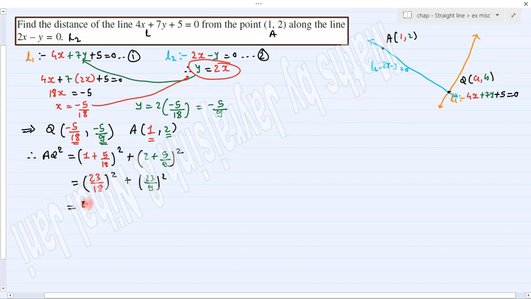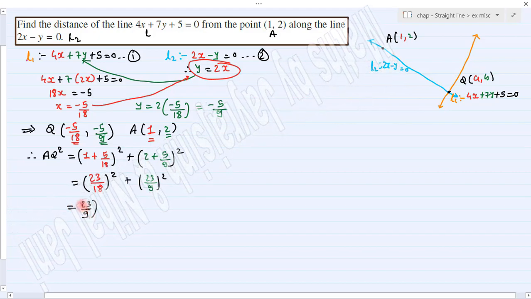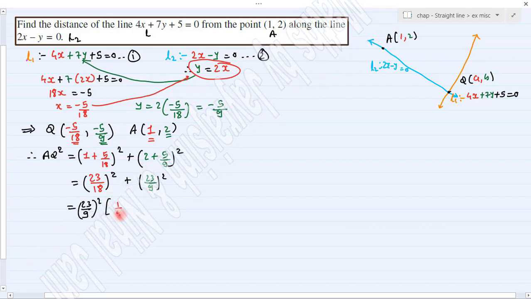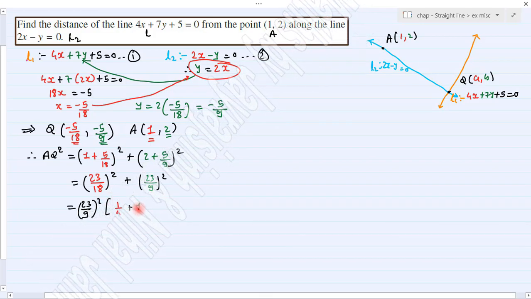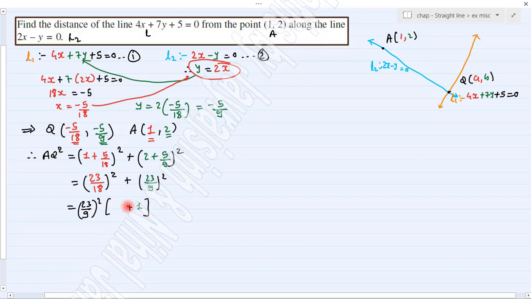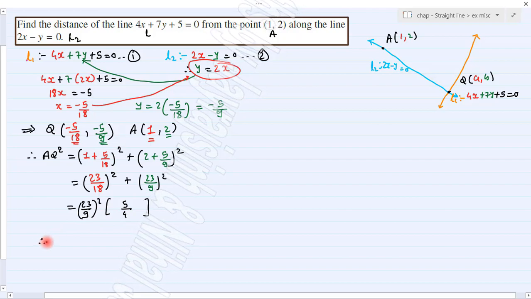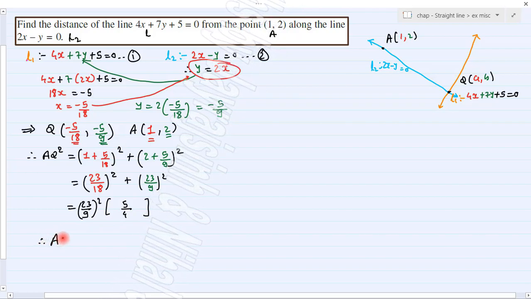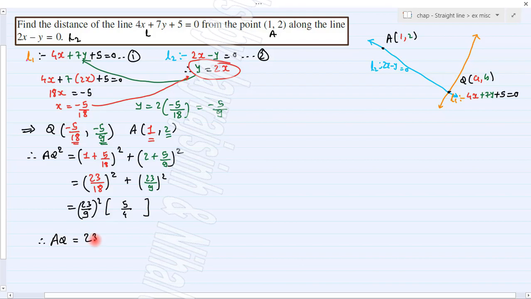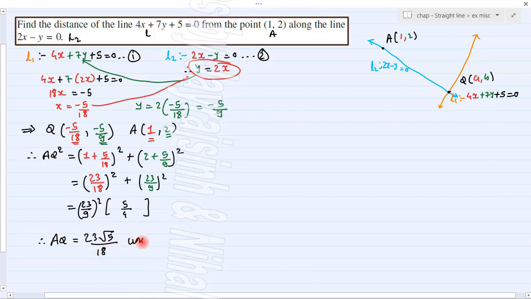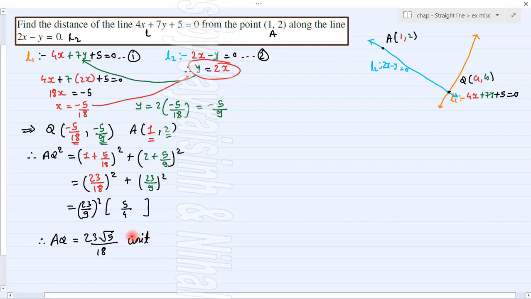So let's take 23 by 9 the whole square common. So we will get 1 by 4 plus 1, or we can say we will get 5 by 4. So your AQ must be 23 root 5 by 18 units as your final answer. Ta-da!